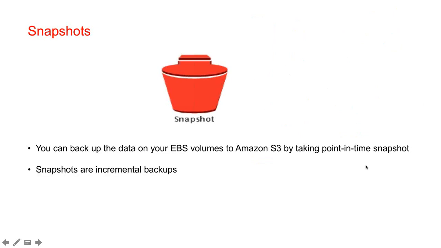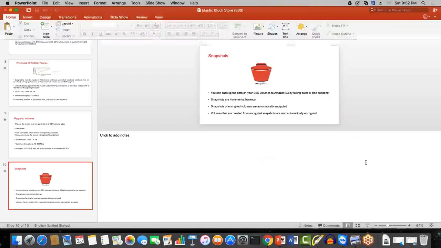Snapshots are incremental backups. What do you mean by incremental backups? Let's draw something and see how these incremental backups exactly work. I'm just opening my Word file.